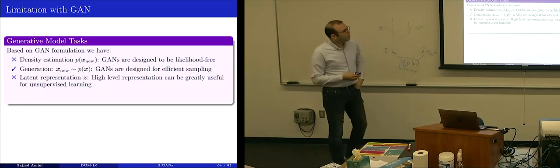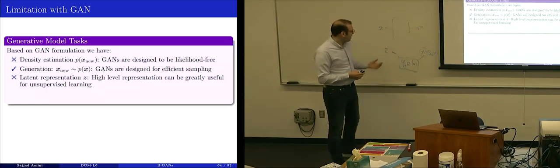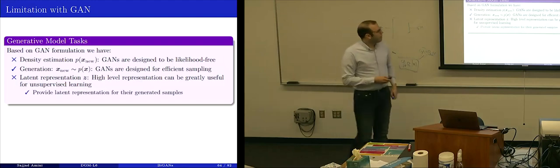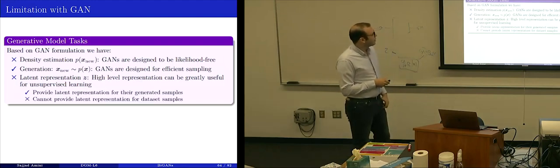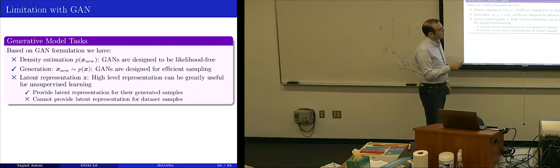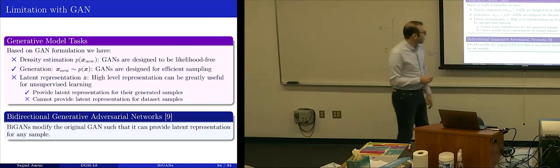Now we want to talk about a version of GAN that can provide this path for you, how you can assign a z variable to each x you observe. GANs can provide latent representation for the generated samples, but they cannot provide representation for the dataset samples.